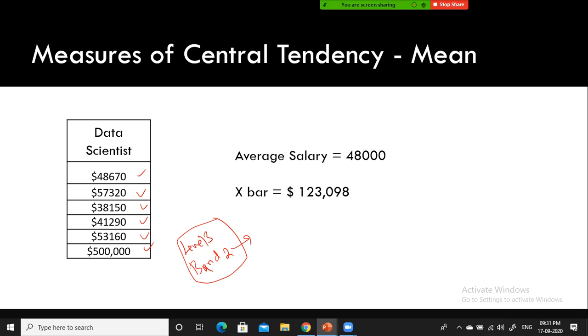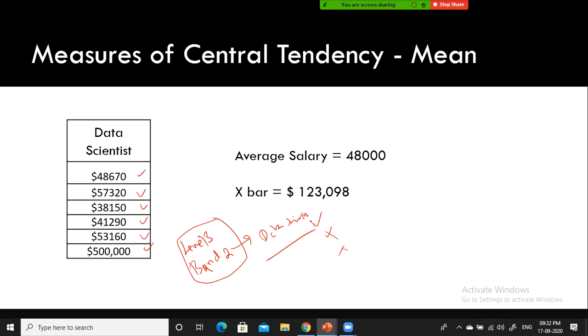Now you might be wondering, how come all these 6 data scientists fall in level 3 and band 2, yet their salaries are differing? It is very common, isn't it? Let's say I joined the company as a data scientist. Like me, other data scientists also join. Not necessarily all the data scientists' salaries should be the same, right?